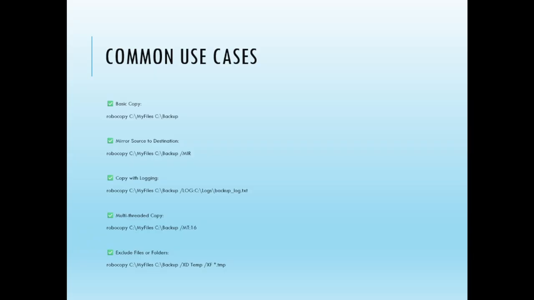Also, you can exclude files by typing /xf and a space. You can mention a single file or multiple files by giving a space between them, or you can mention a type of file as well, like the one shown here, *.temp.